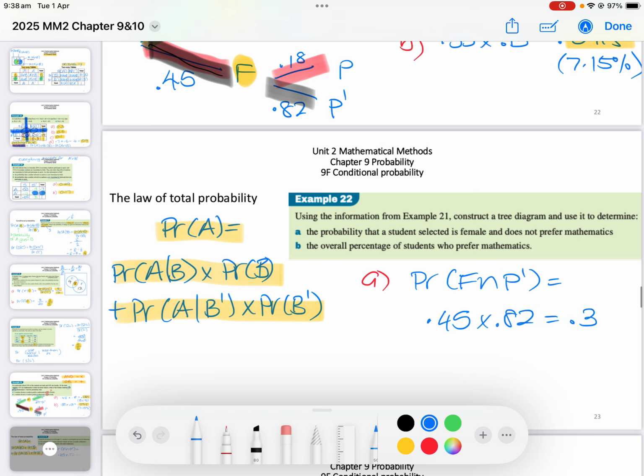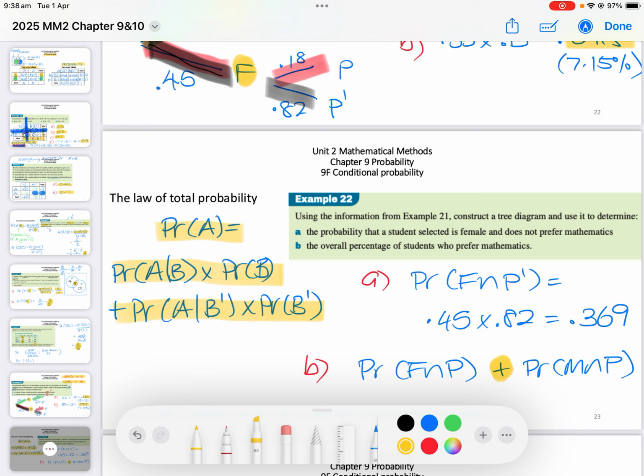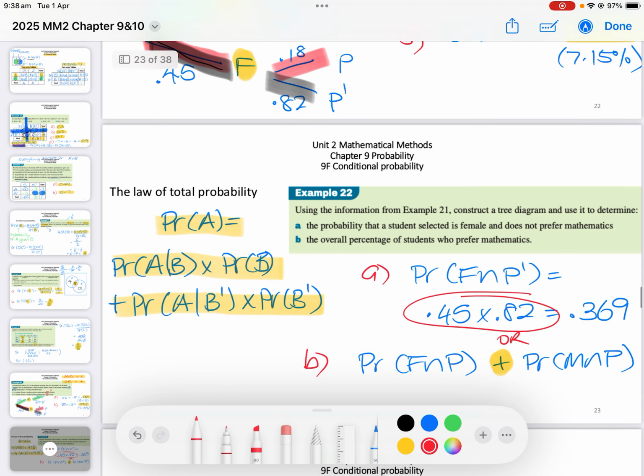is 0.369. The overall percentage who prefer mathematics, well, you've got the female and prefer, or you can be male and prefer. So this is where we use that or is plus. But when we are and, like this previous one, female and don't prefer, we multiply.